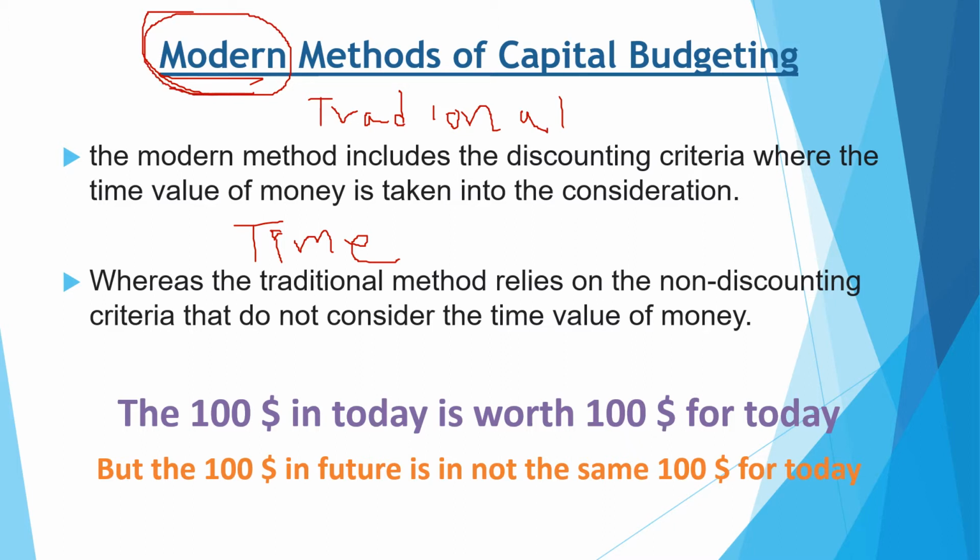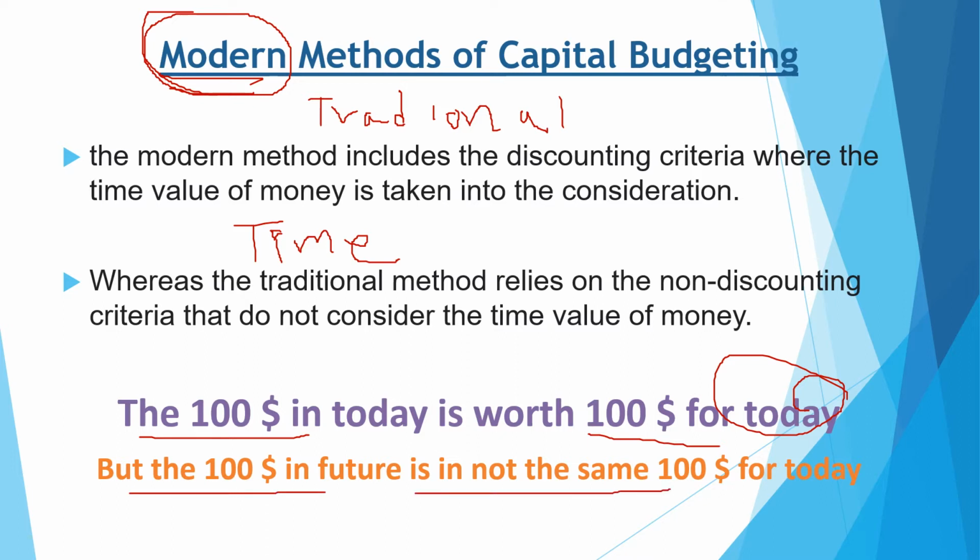Let me give an example. Suppose today I have $100, and the worth of this $100 is equal to $100 for today only. But this $100 in the future may not be the same as $100 today. Suppose today I have $100 and I spend it, then it has the value of $100.